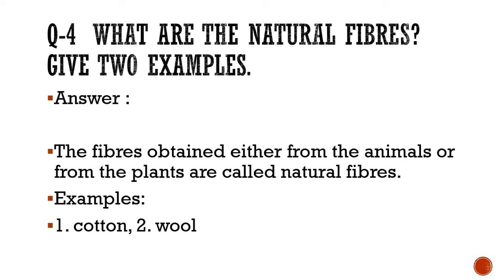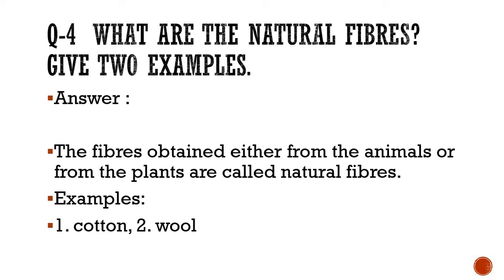The answer is, the fibers obtained either from the animals or from the plants are called natural fibers. Now examples they have asked. So examples I have written here, cotton and wool.